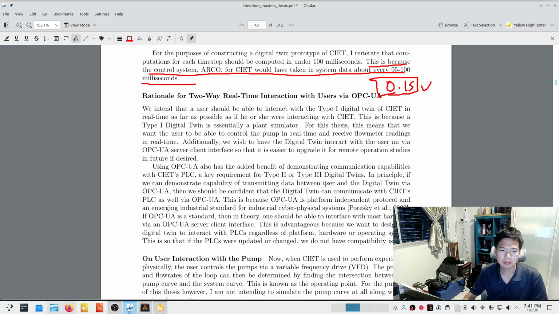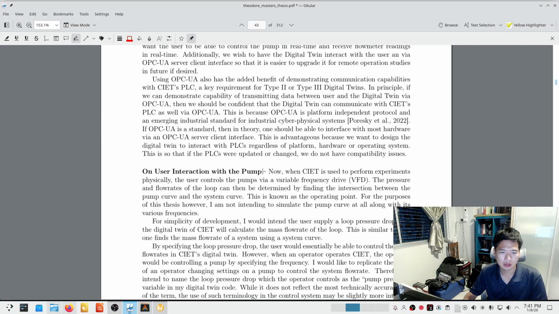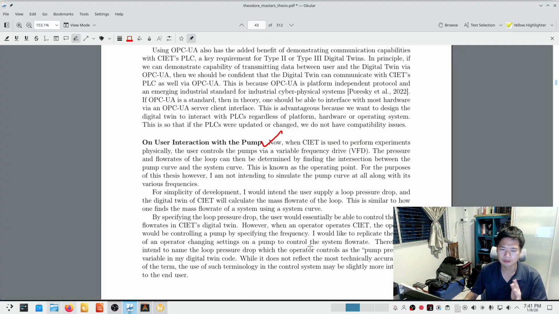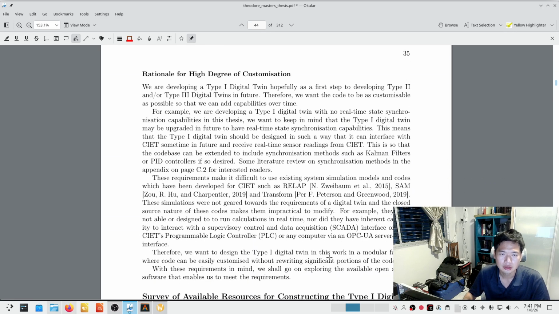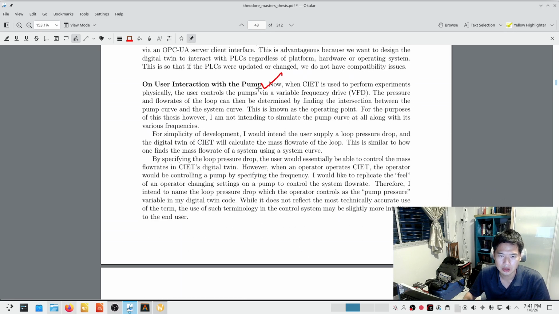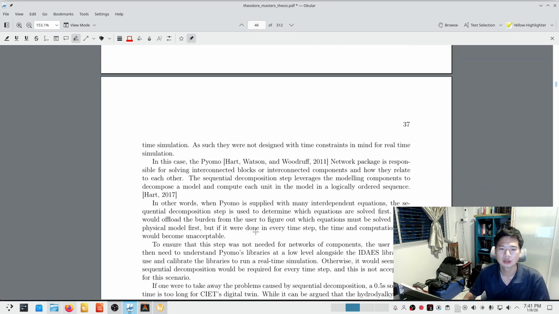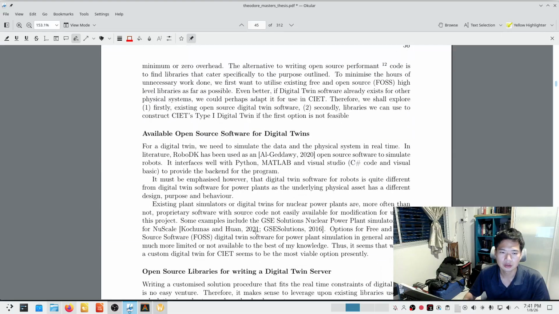There are also some simplifications I use. To simulate the pumps, I simplified the whole thing, just to give people a feel of what CIET is like. So I simplified the interaction with the pump, and so on.